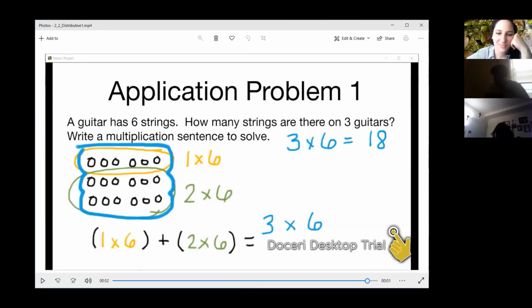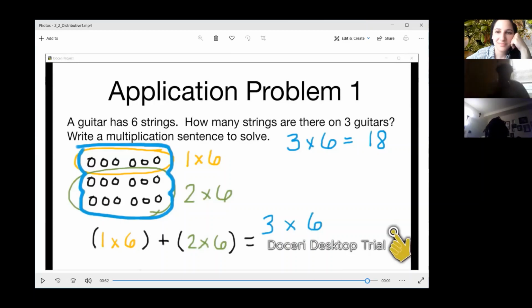So 1 times 6 plus 2 times 6. 2 times 6 is 12, plus 1 times 6 equals.